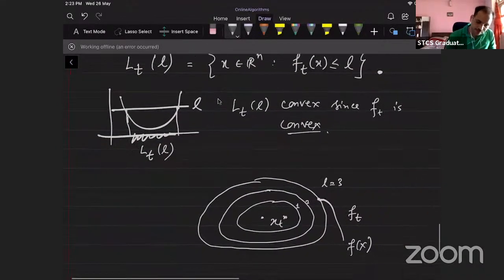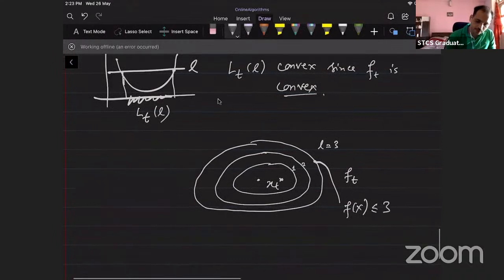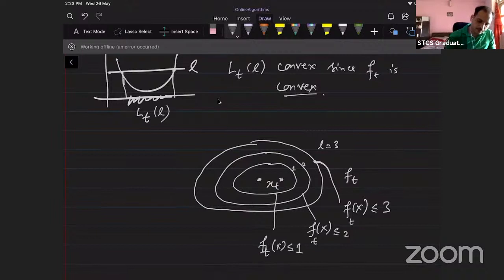That is why I can draw this: ft of x is less than or equal to 3, ft of x is less than or equal to 2, and so on. Is it clear what I'm drawing here? This is my xt star, at which point ft of xt star is equal to 0.